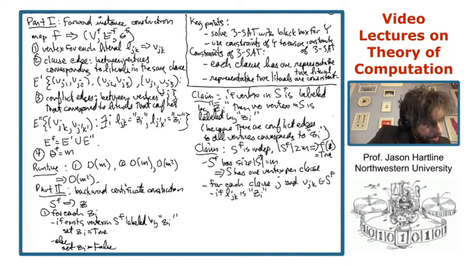Our construction says for each zi, if there exists a vertex in S that's labeled positively, we set zi to true. So here is a vertex in S that's labeled positively, so we must have set that to true.